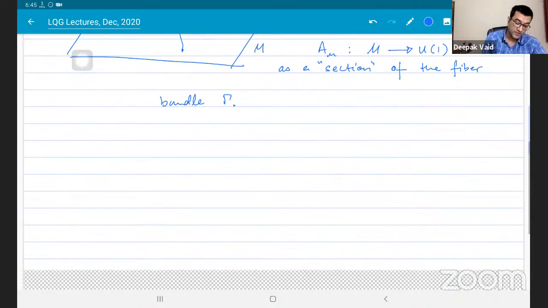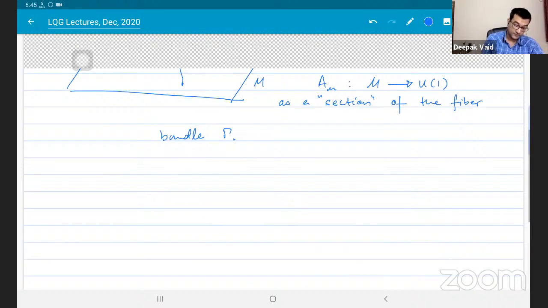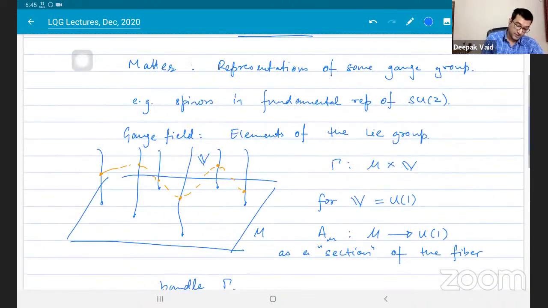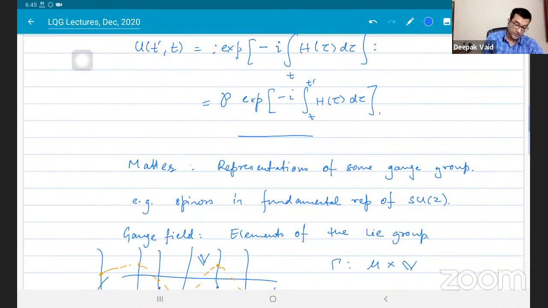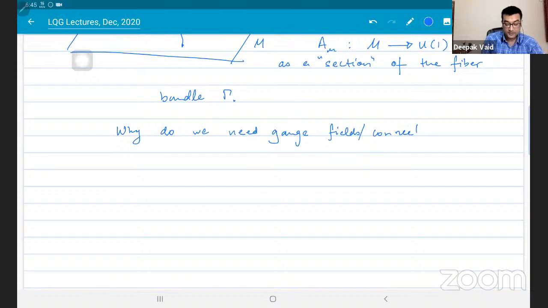Now, there is another very important reason why we need these gauge fields, and we need them in the gravitational case. So these are some properties of gauge fields. So now the question is, why do we need these gauge fields or connections?